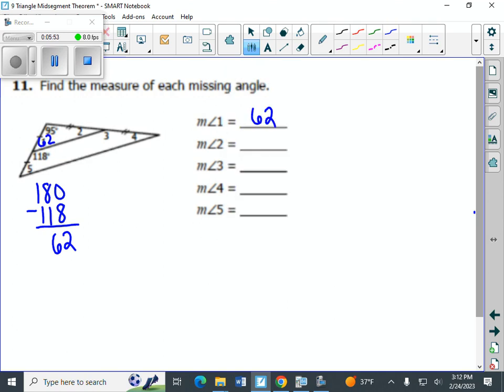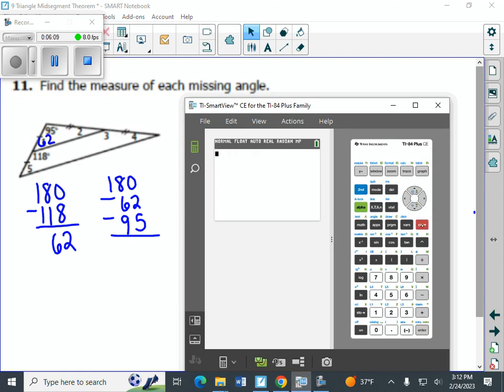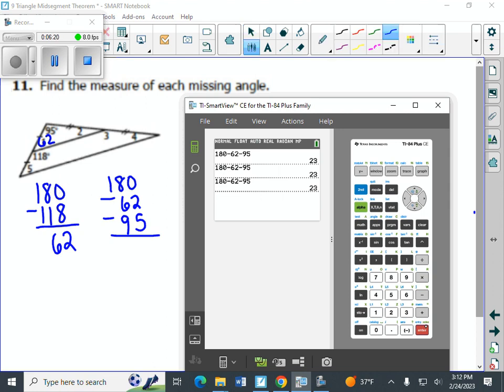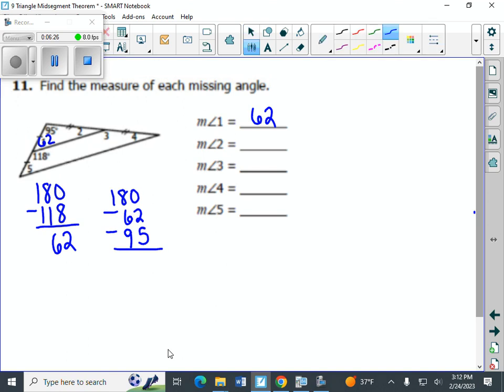We can figure out the measure of angle 2, because we can take 180 minus the 62 minus the 95 that we were given. 180 minus 62 minus 95 gives us 23. So angle 2 is 23 degrees.